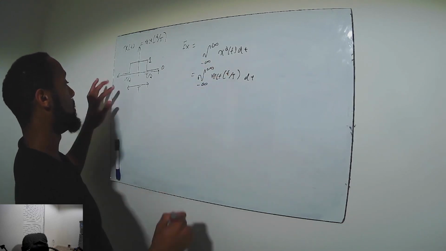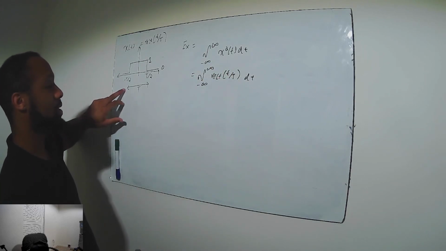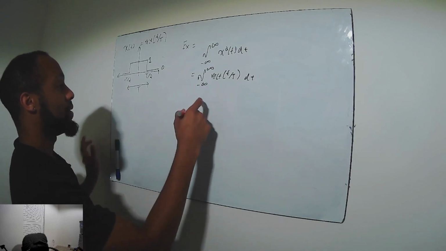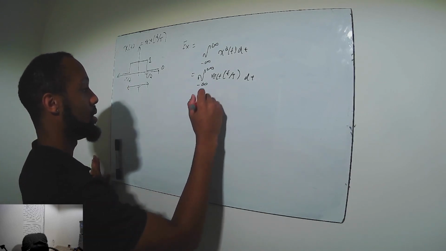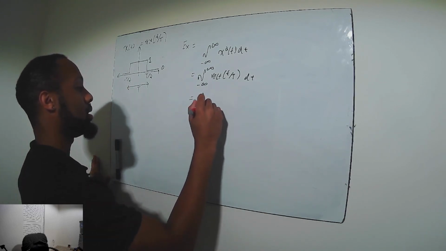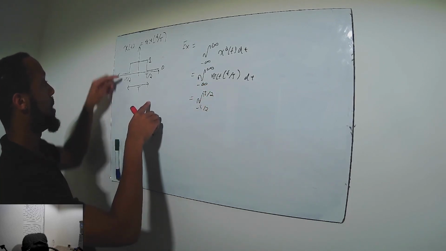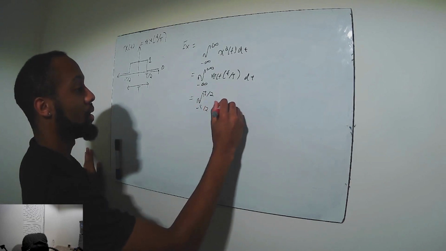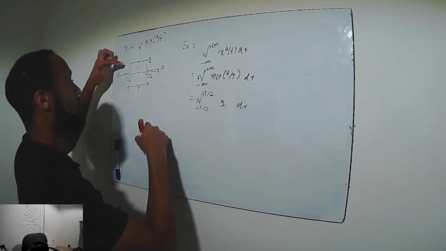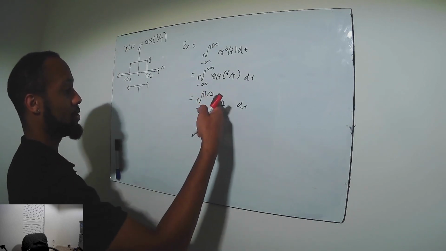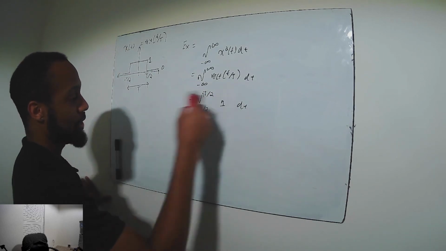Well, we know this is 0 from T/2 to infinity, and 0 from minus infinity to -T/2, so we can change these bounds. This goes from minus T/2 to positive T/2. And in between these bounds it is 1, because the height of this rectangle is 1. It's a constant 1 in this range here.